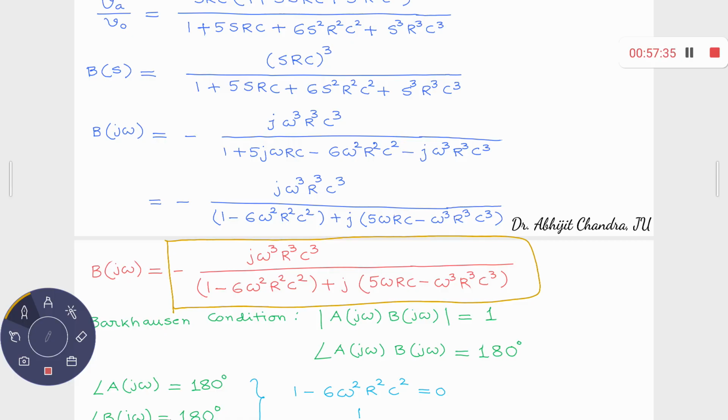Otherwise, what do you expect? You expect that this Barkhausen condition is not satisfied. Not satisfied, that means you don't expect sustained oscillation. So you can have some other frequencies, but only at this particular frequency, since it's a phase shift oscillator and this Barkhausen condition gets satisfied only for a single frequency, therefore you can have a single frequency output.